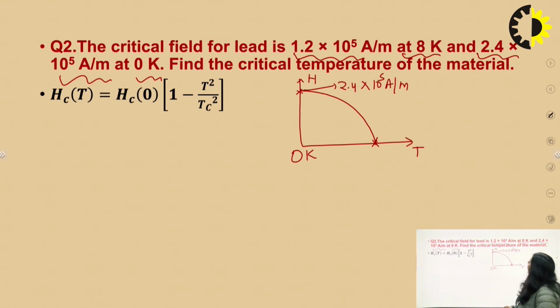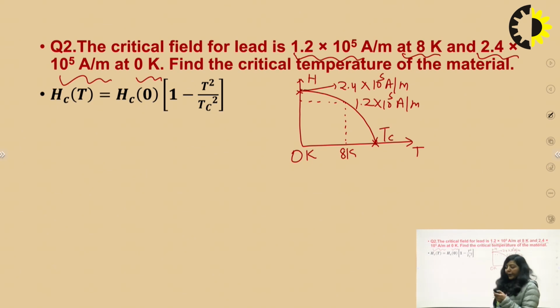In addition to that, the critical field at 8 Kelvin is also given. So at 8 Kelvin, this is 1.2 into 10 raised to power 5 ampere per meter. So these are the two critical magnetic fields, and we have to find the critical temperature.